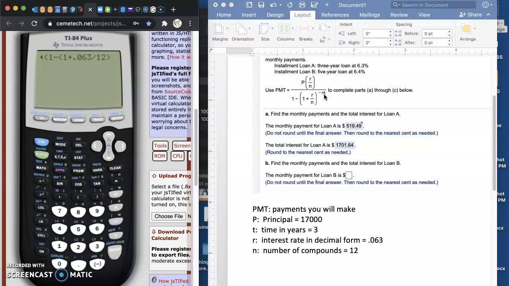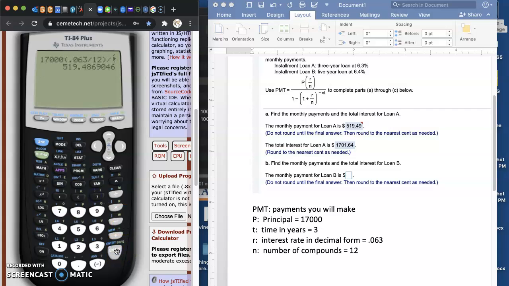Most calculators have an up arrow button or a raise to a power button. Mine happens to be right here. So I'm going to raise to the negative N, the number of compounds again, that's 12, times T, the time in years, which it tells us right here because we're doing loan A, was 3. And then don't forget, we had an opening parenthesis here, so we need a closing parenthesis at the end.